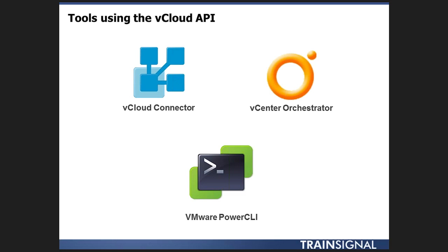But you can do it through the vCloud API, and PowerCLI makes that very simple. The same goes for hot cloning, and adding disks while the virtual machine is powered on. All can be done through the API and cannot be done through the web UI. So these are very useful tools to know. Even if you don't learn the vCloud API, learning one of these tools can be very useful.